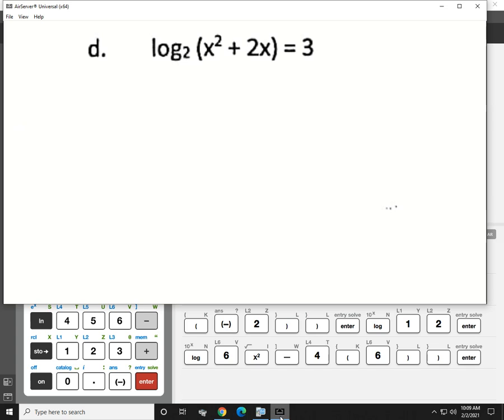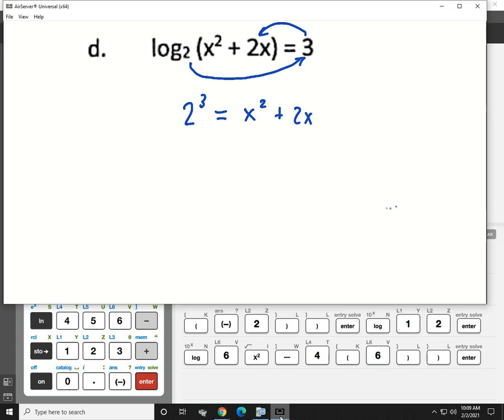We're going to write it as an exponent. Okay? So here it is. The base of my log is 2. So 2 to what power? 2 to the third power equals what? X squared plus 2x. So 2 cubed equals x squared plus 2x.